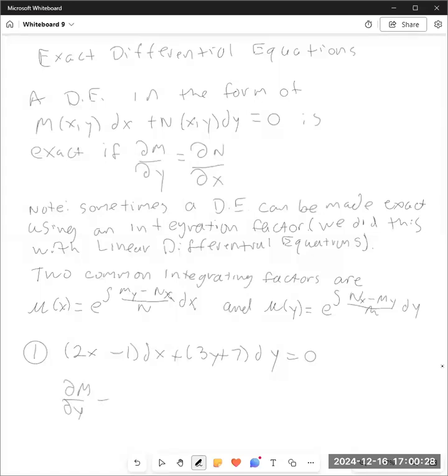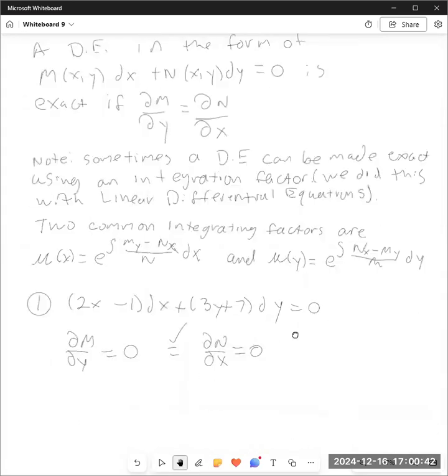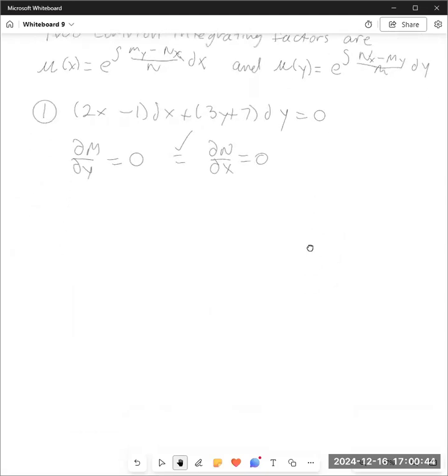Since there are no y's there, that's going to be 0. For dN/dx, since there's no x's here, that's going to be 0. So they are equal to each other, and I can use this method of exact differential equations.